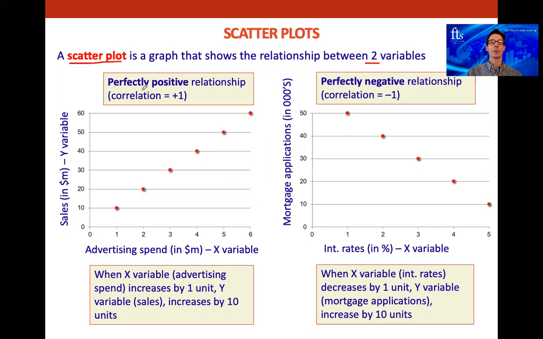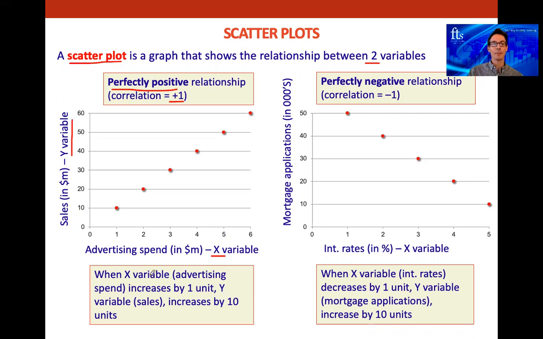If we start with this one, where we've got a perfectly positive relationship, like we said from the previous slide, then the correlation is +1. We can see in this graph that we've got advertising spend in millions of dollars on our x-axis, and we've got our sales, which is also in millions of dollars, on the y-axis. So sales is our y variable.